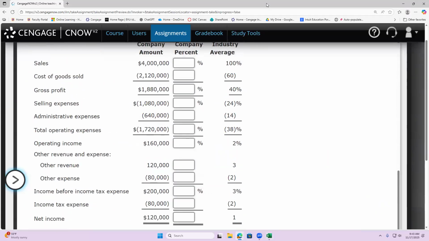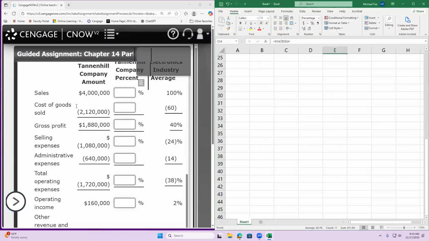So again, I'm just going to take these amounts from Tannehill, starting with 4 million, which is their sales.